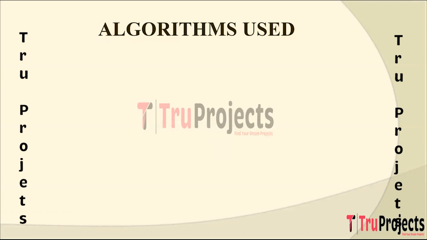Algorithms used to implement this project. We have utilized the following algorithms. The first algorithm is TCN, Temporal Convolutional Network. TCN is a deep learning architecture specifically designed for sequential data processing, known for its effectiveness in capturing temporal dependencies within sequential data.